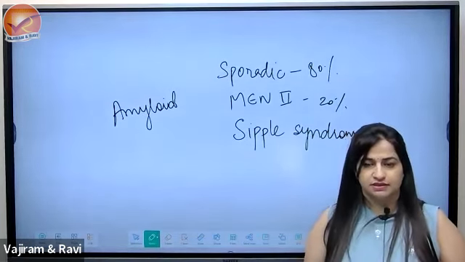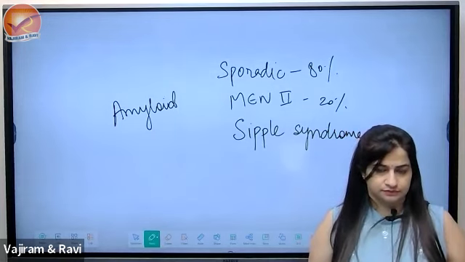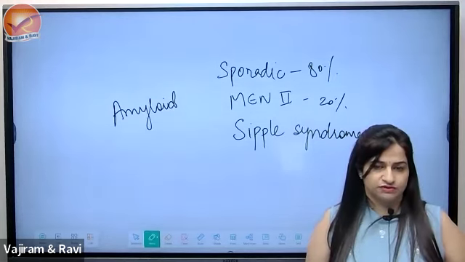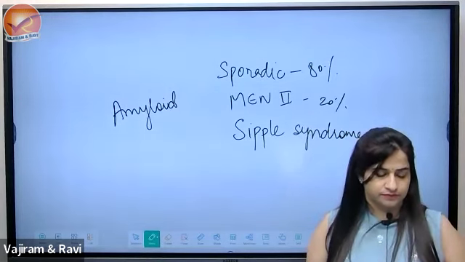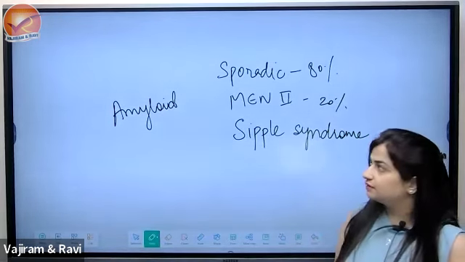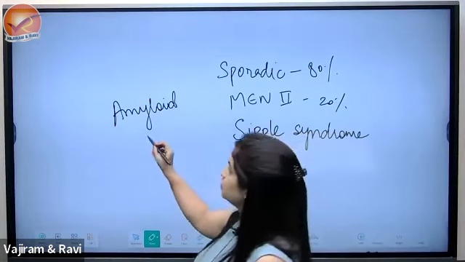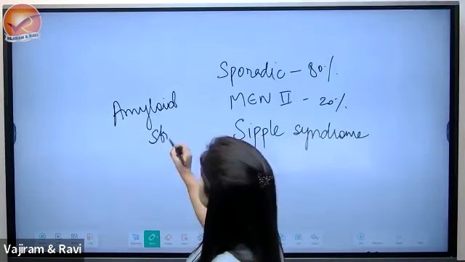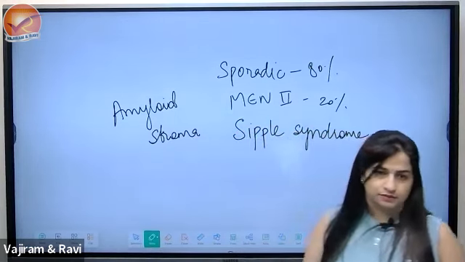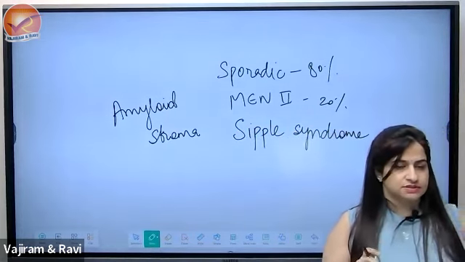On FNAC, the tumor shows pleomorphic cells mixed in, again same, amyloid stroma, comma necrosis.